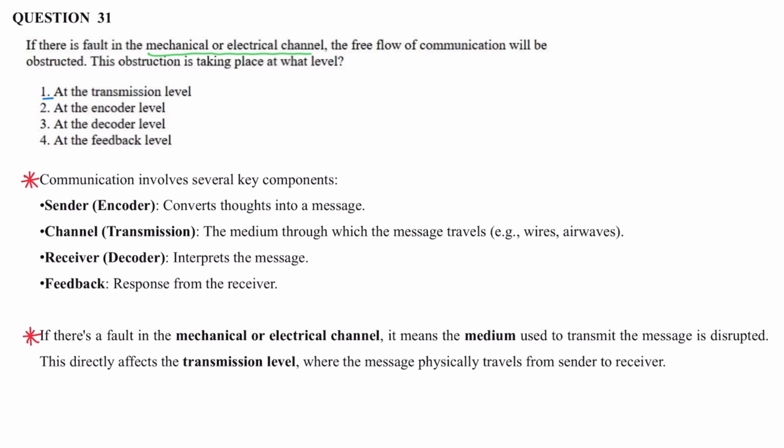Here transmission is the medium through which the message travels, wired or wireless communication. If there is a fault in the mechanical or electrical channel, it means the medium used to transmit the message is disrupted. This directly affects the transmission level, where the message physically travels from sender to receiver. So correct answer is option 1, transmission level.